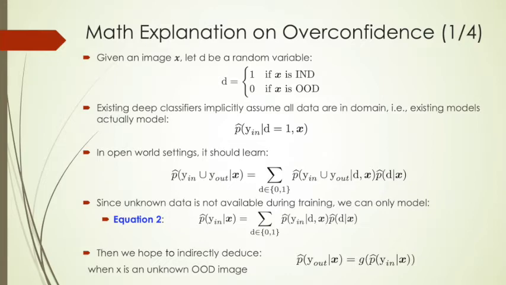However, in open-world setting, we should model both in-domain and out-of-domain probabilities. Since unknown data is not available during training, for any image X, we can only train to model the in-domain class probability. When an image X happens to be out of domain, we will just implicitly deduce its out-of-domain probability.